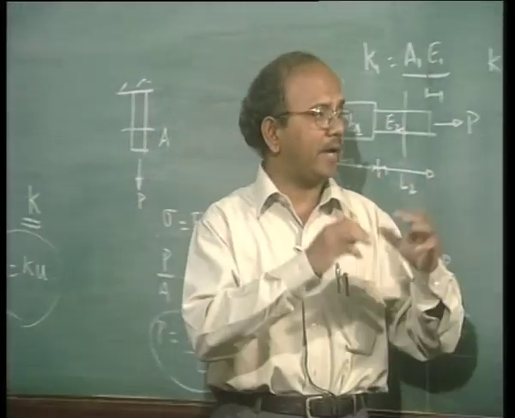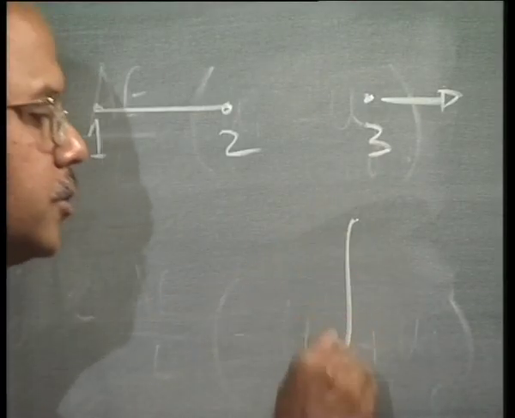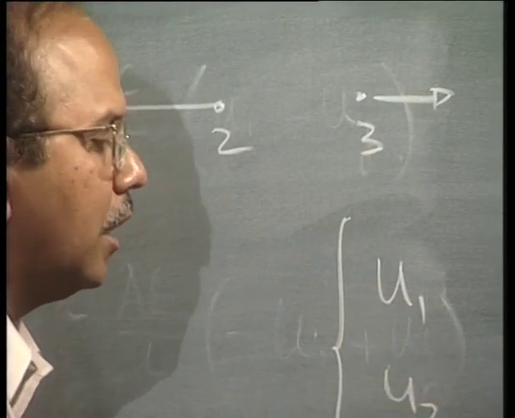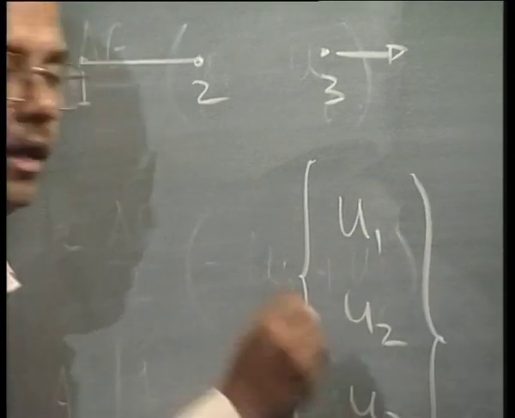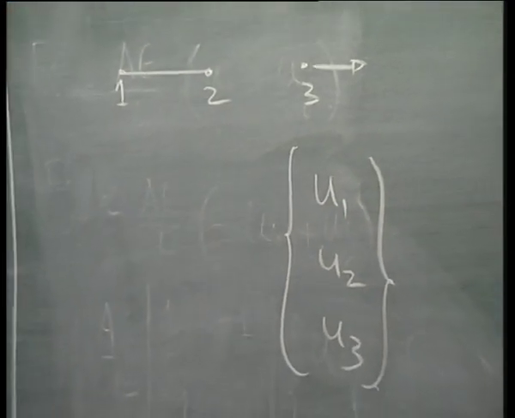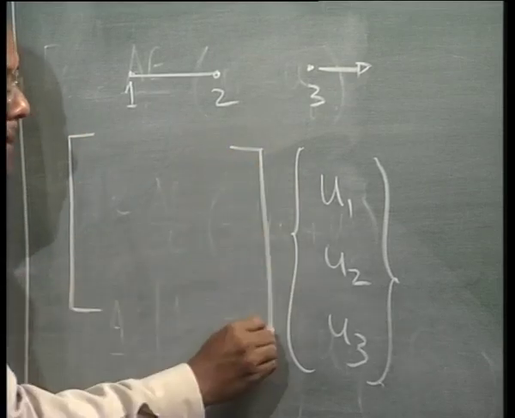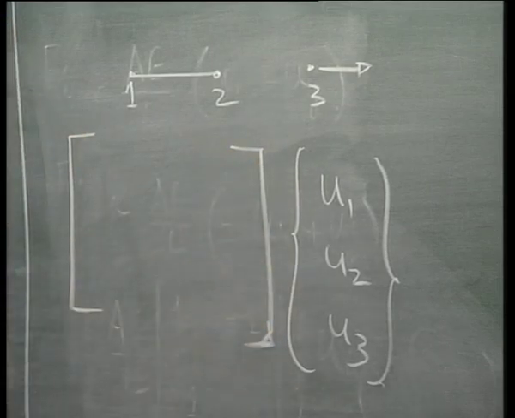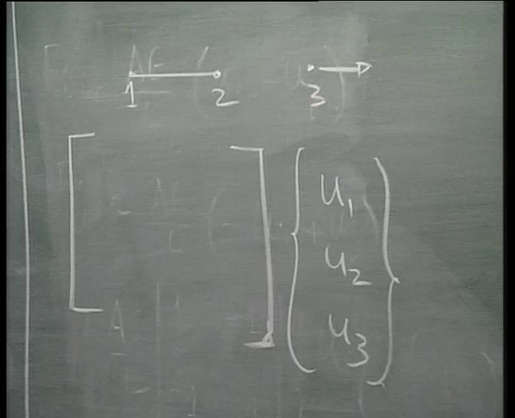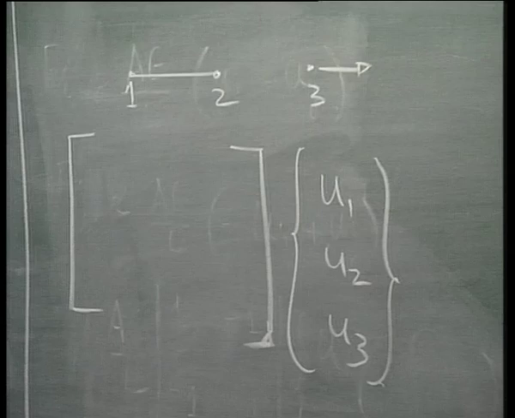So if I have to now expand U1 as U1, U2 and U3, how will my stiffness matrix look from our physical understanding of K? Let us see how it would look.